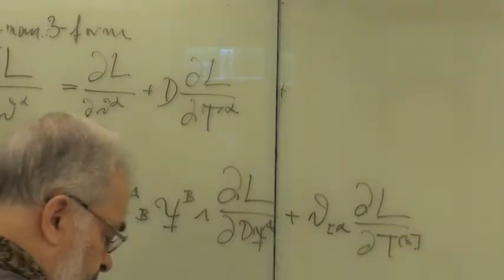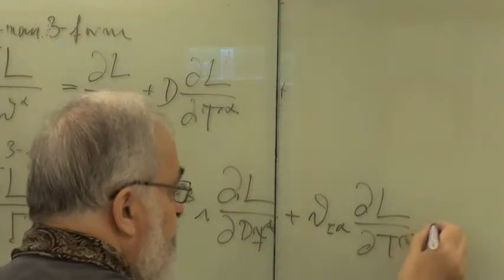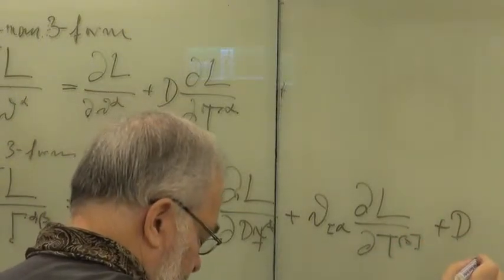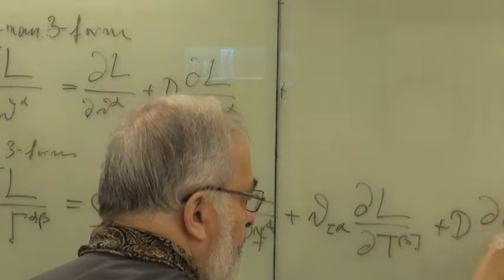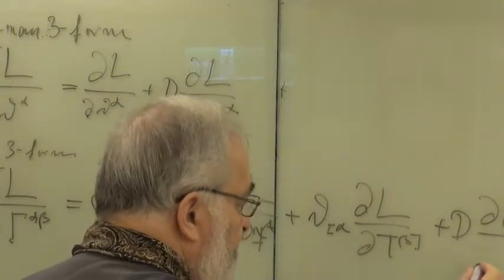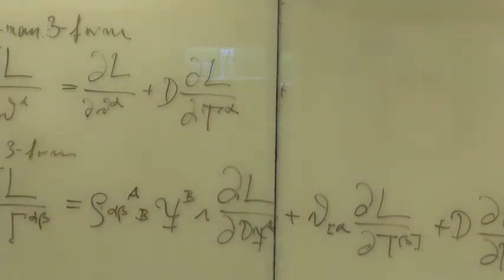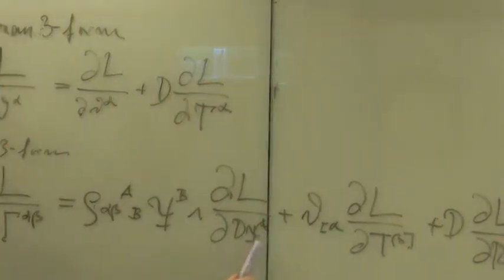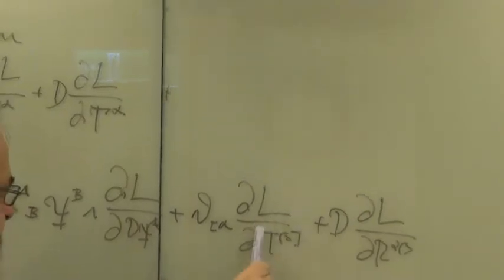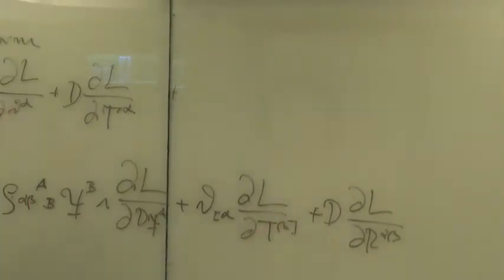and we have a corresponding piece for the curvature EL over ER alpha beta. But the leading piece is that these are the non-minimal pieces. If there is no non-minimal coupling, they vanish.